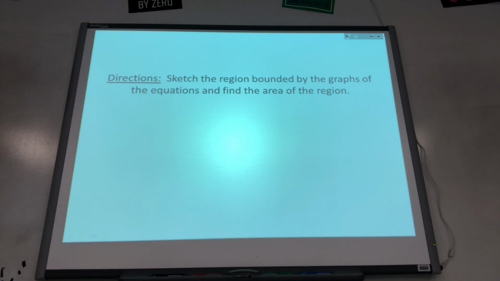So we are going to do a little graphing if you want to grab your graphing calculator.